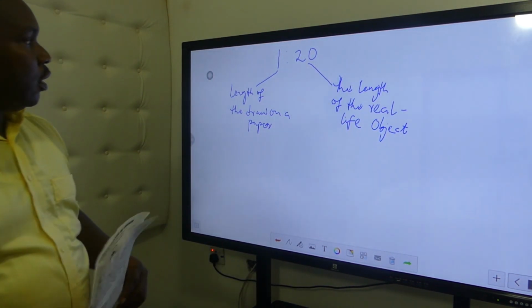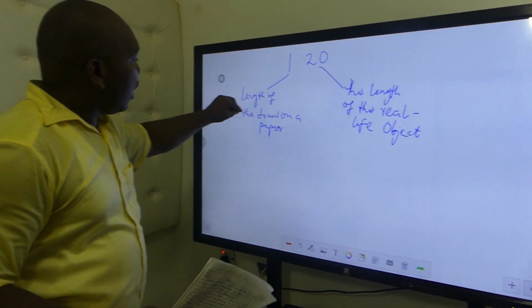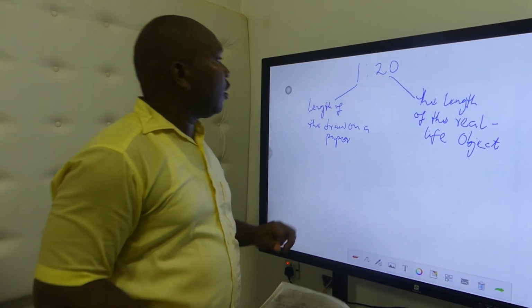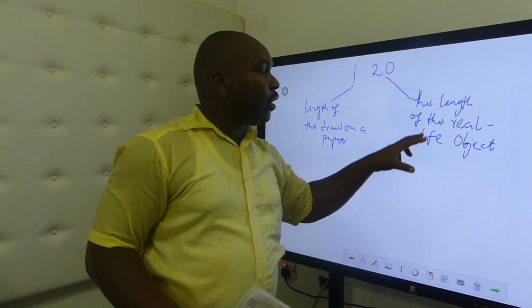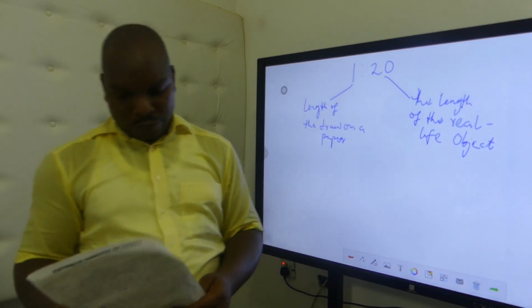So this one stands for the length of the drawing on a paper, while this one stands for the length of the real life object.